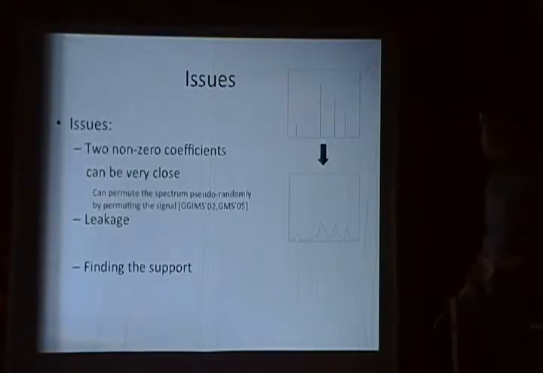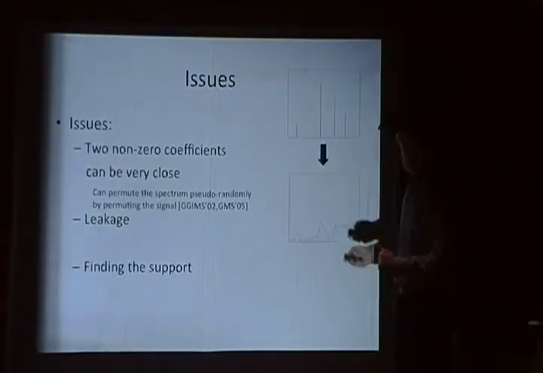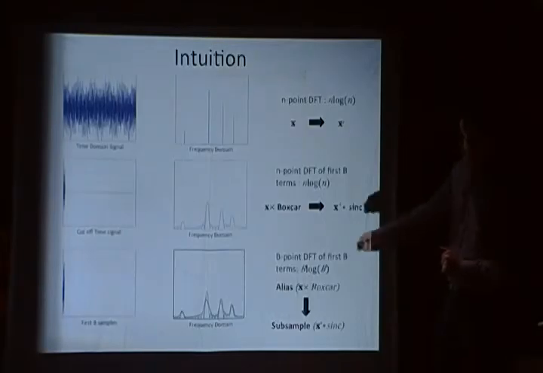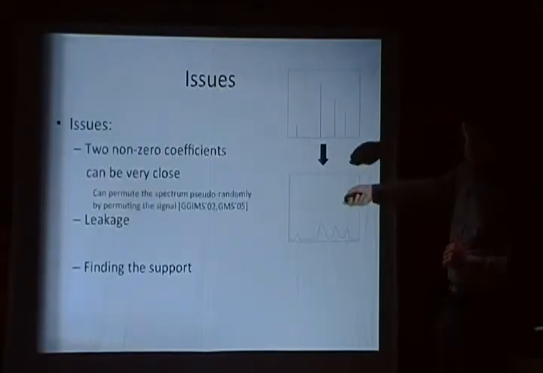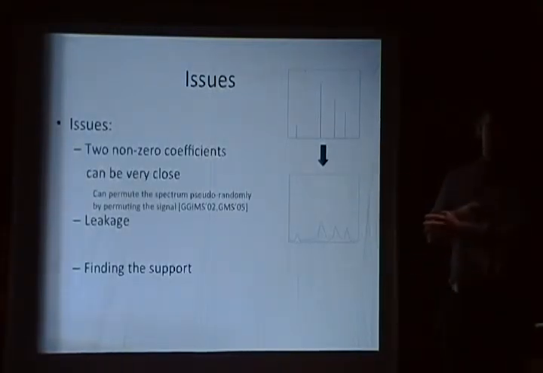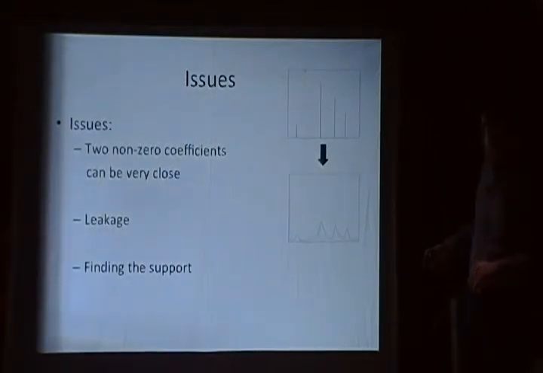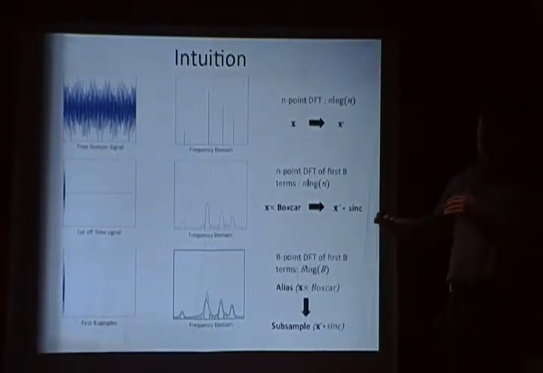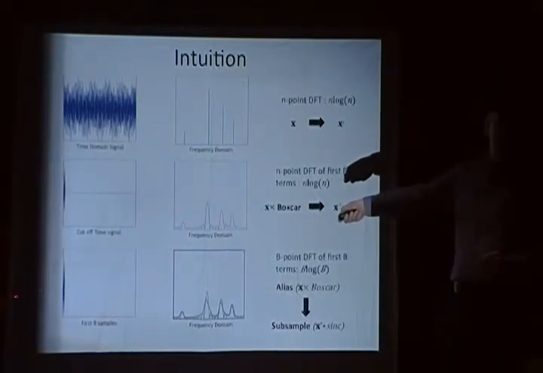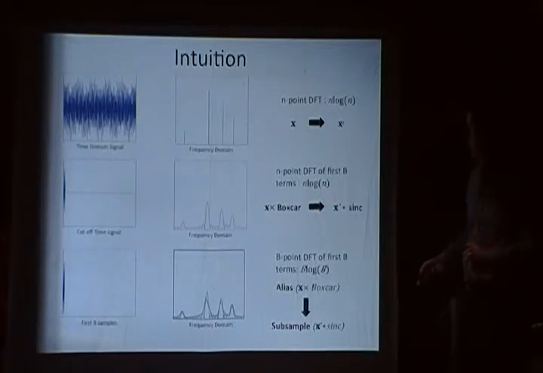This is achieved by sampling the signal not in the way I described here, just taking the first few samples, but by permuting the signal in a pseudo-random way and then taking the first few samples. Which means that really the sampling will be done all over the place. We can view it as first permuting the samples in the time domain and then taking the prefix. So this avoids this problem.